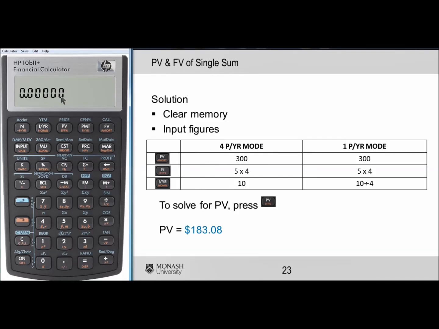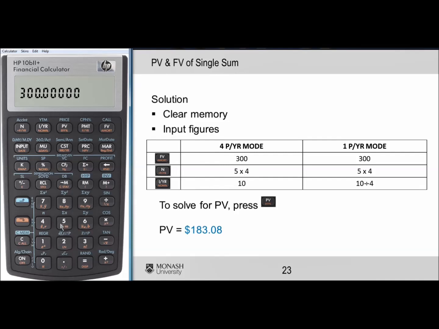So in our first approach, we need to set the calculator into 4 payments per year mode. So press 4, shift, down and PMT, clear all to check that again, and then input the figures as tabulated. So 300 FV, N represents the number of periods, so we have 5 years, 4 quarters in a year.